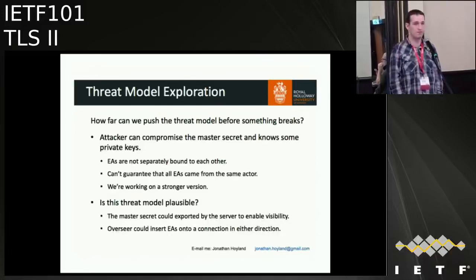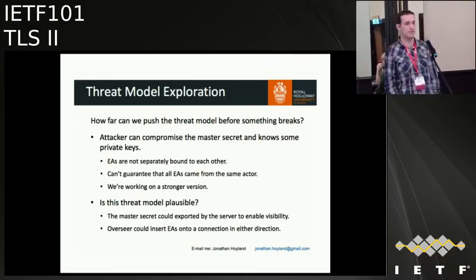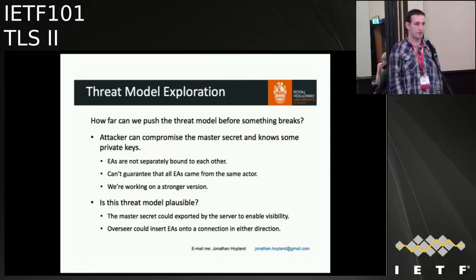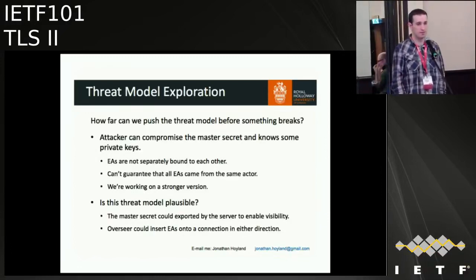But if we build that little extra piece, then we can get some sort of assurance that not only do we have this property in the case where the master secret or resumption secret or anything that's derived on that particular path is secure, but also we have the property in the case where, hey, someone decided to put the master secret somewhere. It's belt and braces, but it gives you that little bit of extra surety about how things are operating. And it doesn't appear to cost all that much.